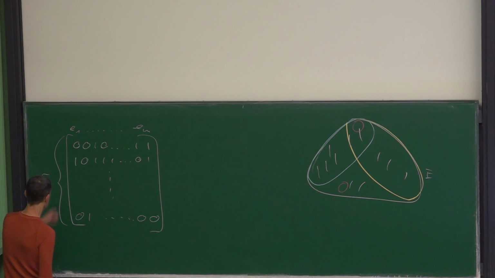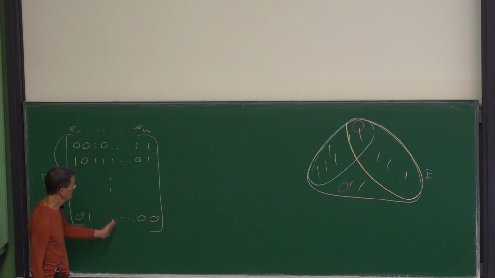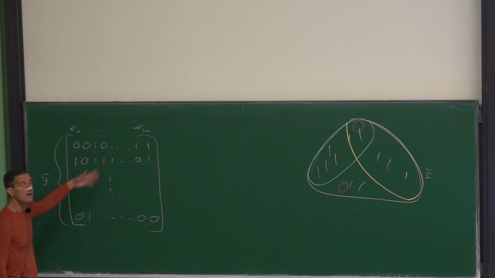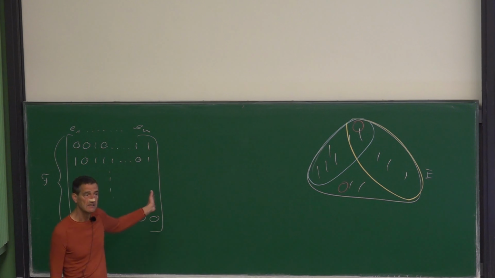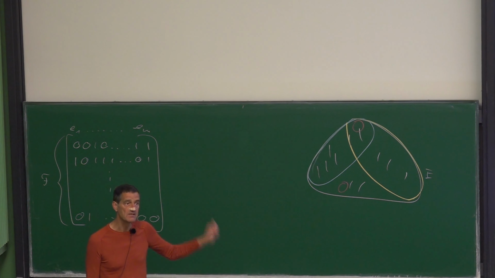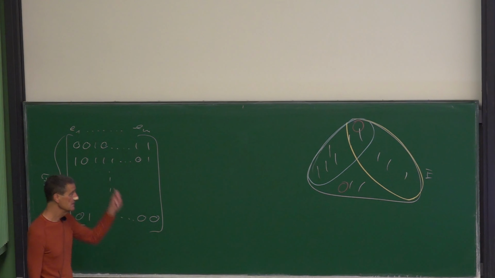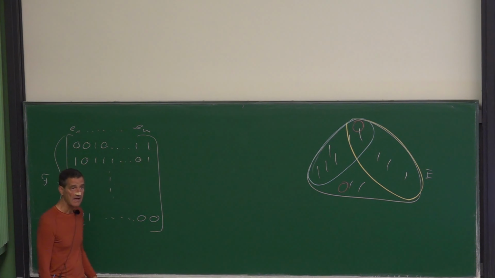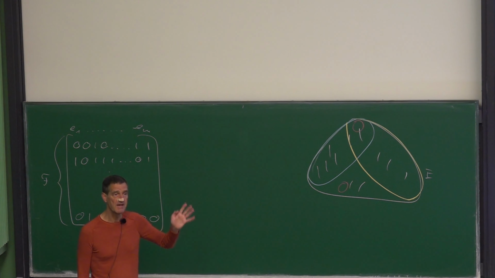So we also know that the dimension of the columns is the same, namely the dimension of F. But the column rank is the dimension of the image of this map. So the dimension of the image of this map equals the dimension of F. And that plus the dimension of the kernel is going to be M. Now, what is the kernel?